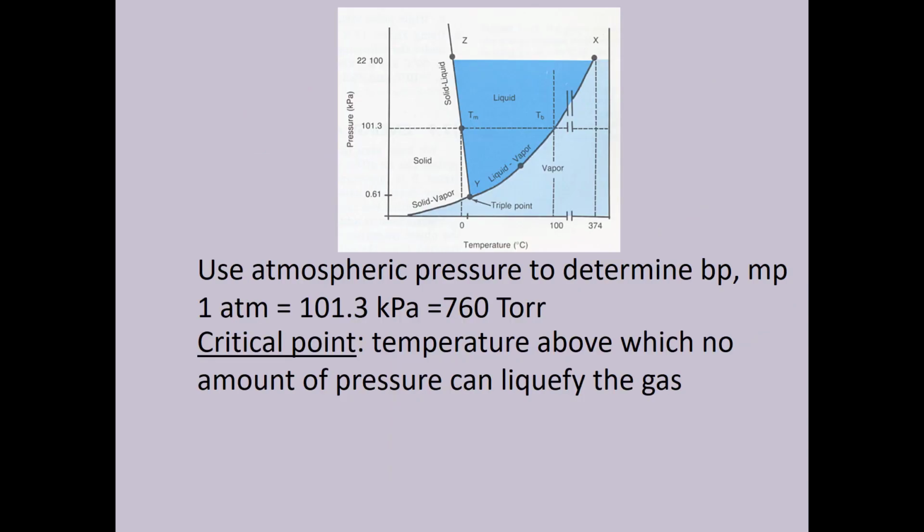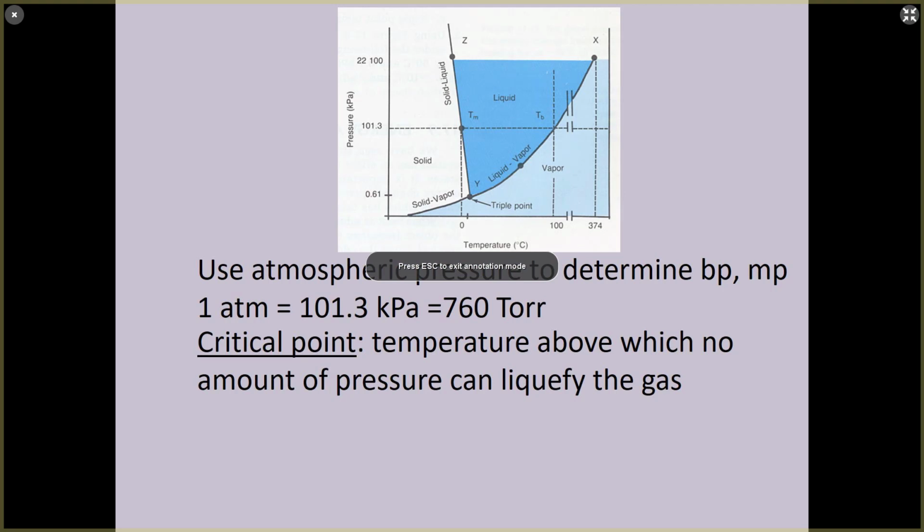In order to determine the normal boiling point or melting point of something, you're going to use atmospheric pressure. So remember, one atmospheric unit is equal to 101.3 kilopascals, which is equal to 760 torr, which is equal to 760 millimeters of mercury. So all of these are atmospheric pressures.